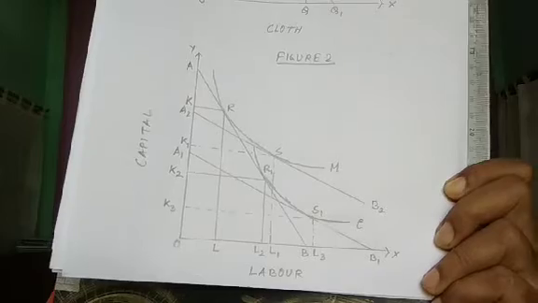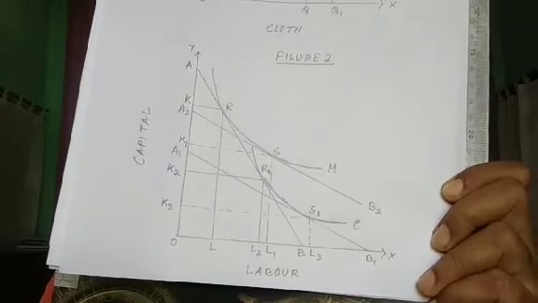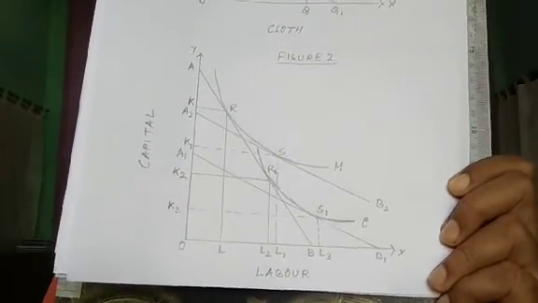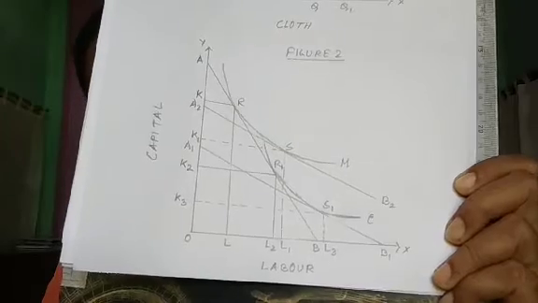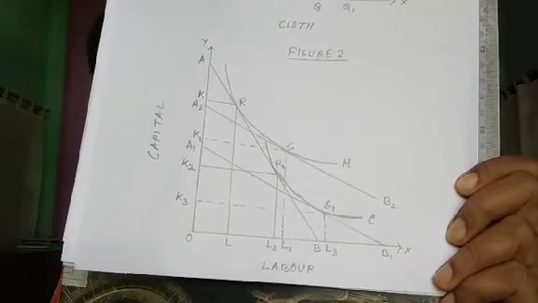The factor price line A2B2 of country B is parallel to A1B1.